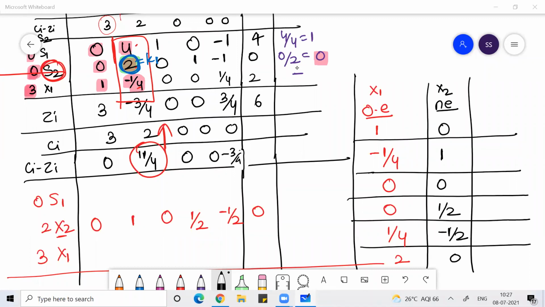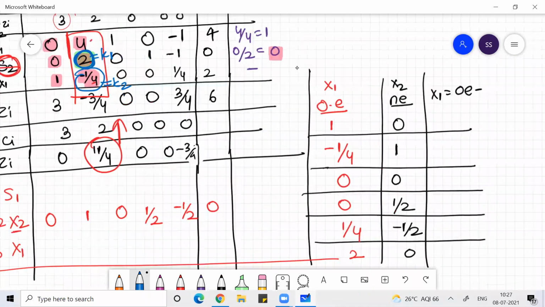Now, to find the value of x1, I want the new values of x1, right? So how will I find the new values of x1? By using the formula: old element minus the constant for x1 into the new element. What is the constant for x1? The constant is minus 1 by 4.